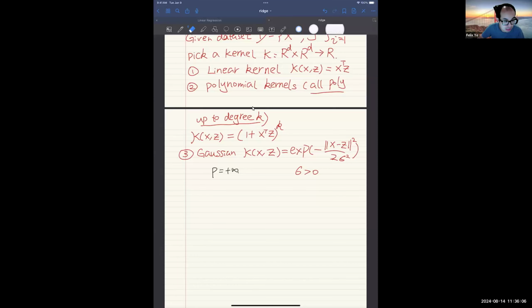That means the kernel K has to satisfy some conditions to be a kernel. These are called the Mercer conditions.